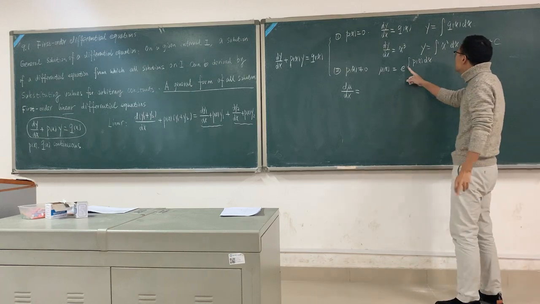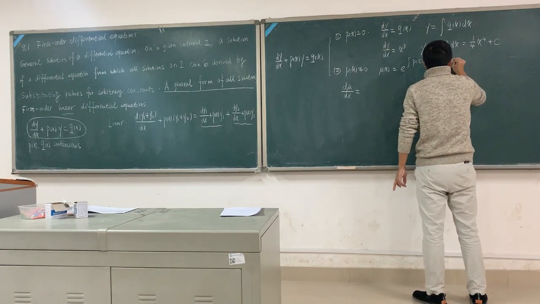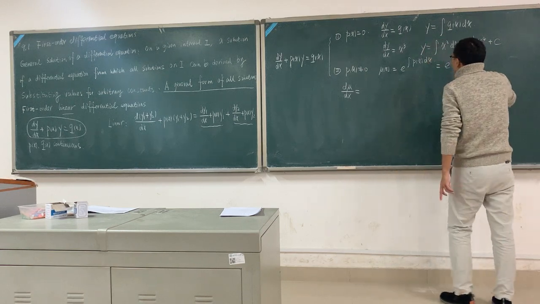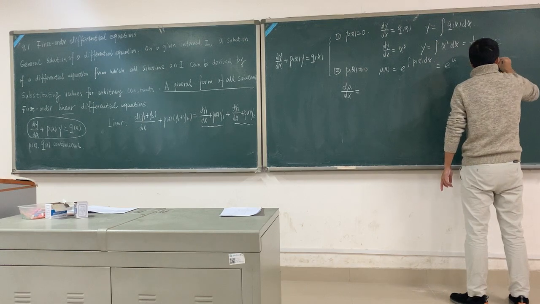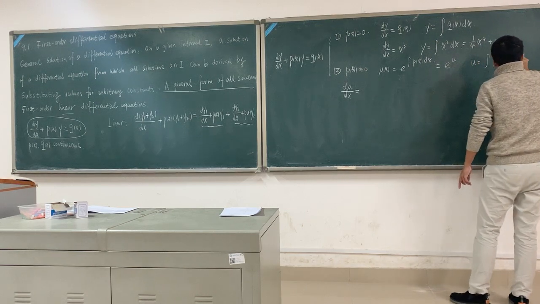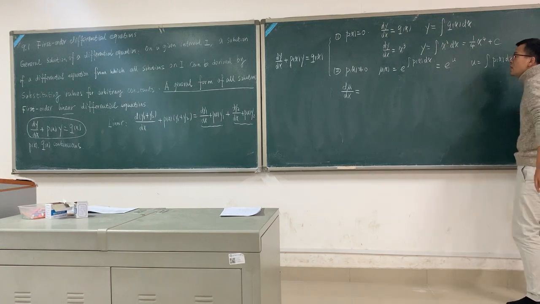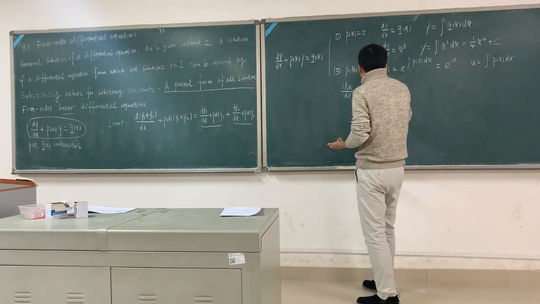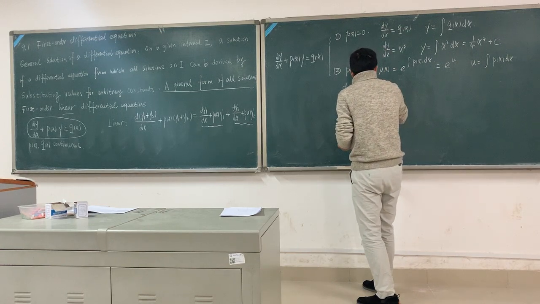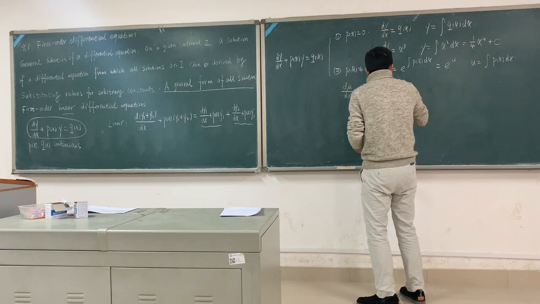We let u equal to this antiderivative, so mu is e to the u power, where u equals the antiderivative of p(x). So d mu dx, using the chain rule, equals d mu du times du dx.